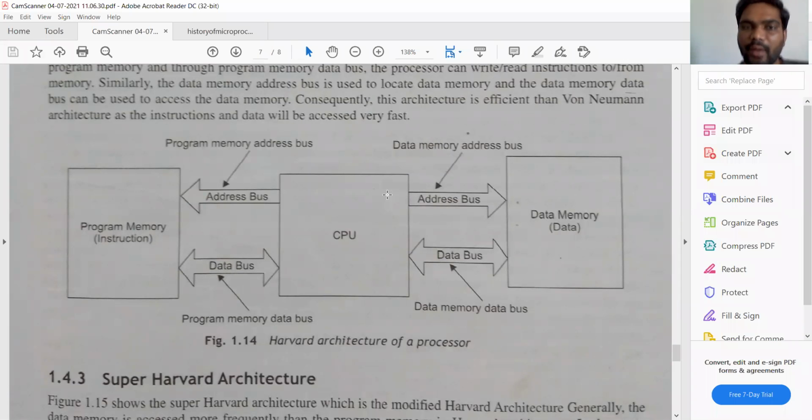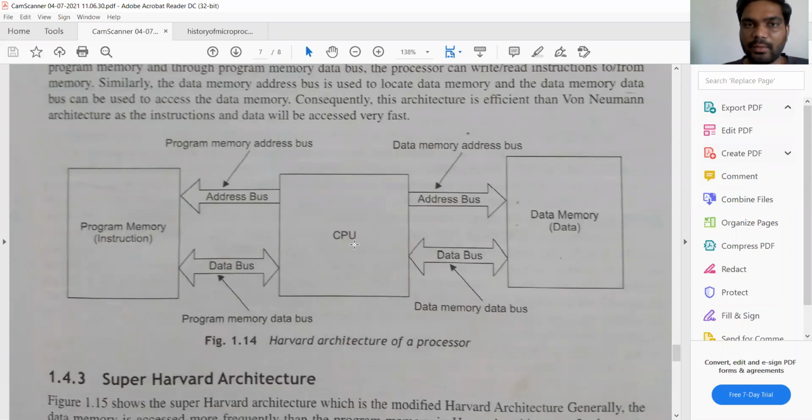Then we can extract instructions from this memory and data from this memory in parallel. So the operations are done in parallel, and that is how we can speed up these processes. Hope the construction, the differences and the advantages are clear to you.